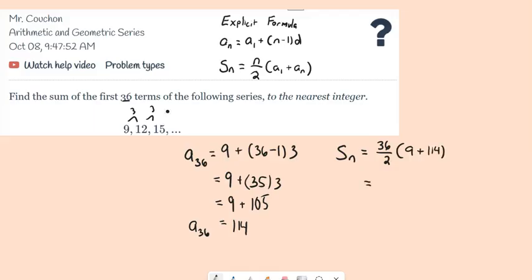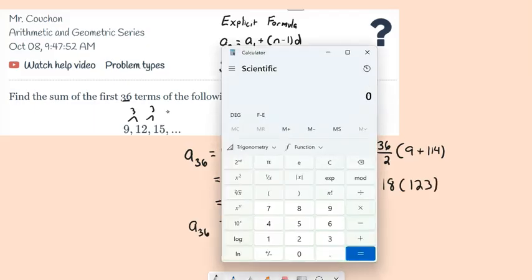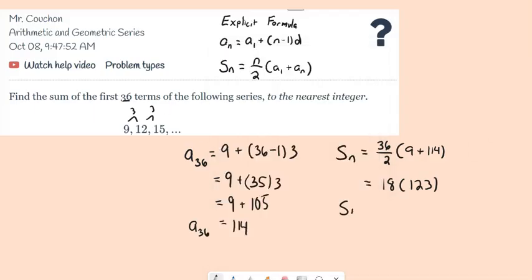So 36 divided by 2 is 18. And 9 plus 114, that's going to be 123. And let's multiply these. 18 times 123. We're going to get 2,214. So 2,214 is going to be the sum of the first 36 terms.